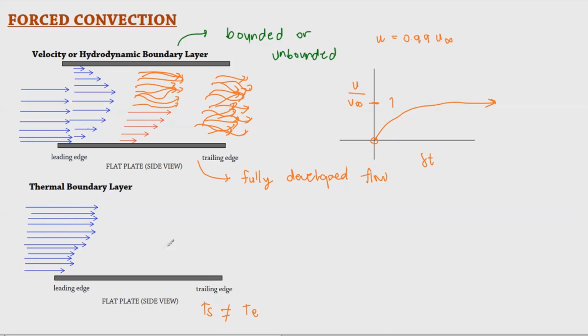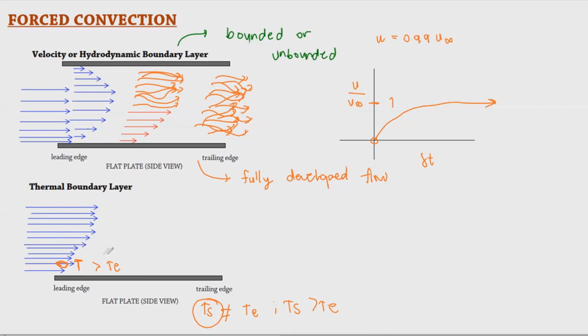As the fluid comes in contact with this boundary layer, the temperature also comes closer to our Ts. For example, let's take a streamline with temperature T. This T would be greater than Te, since, for example, Ts is greater than Te.